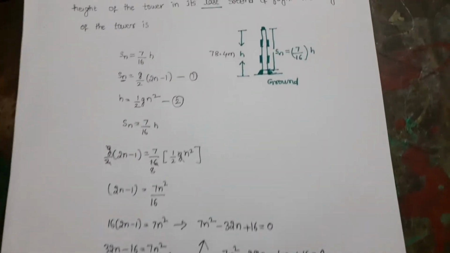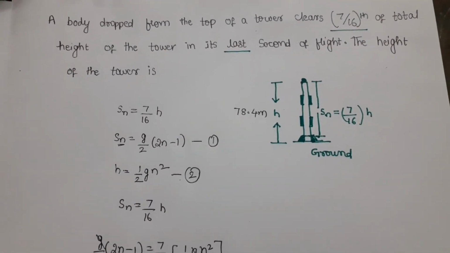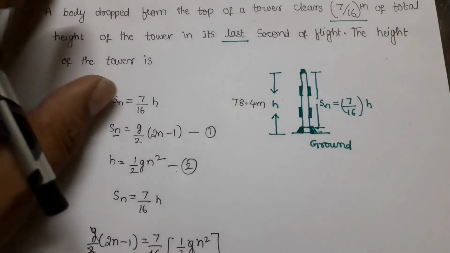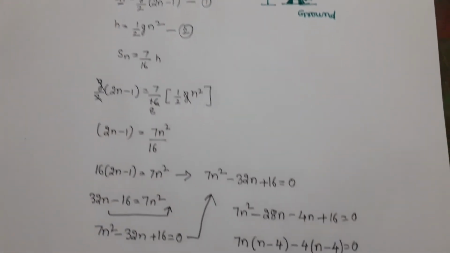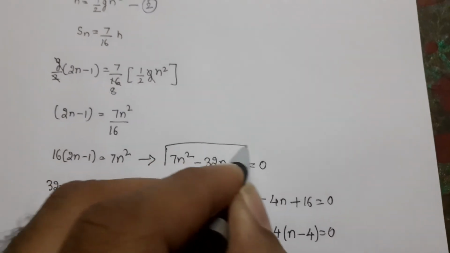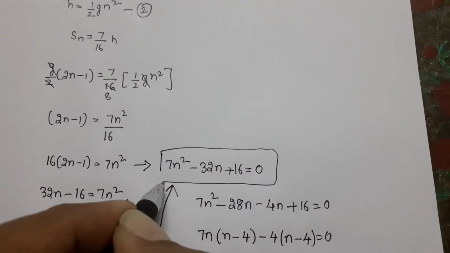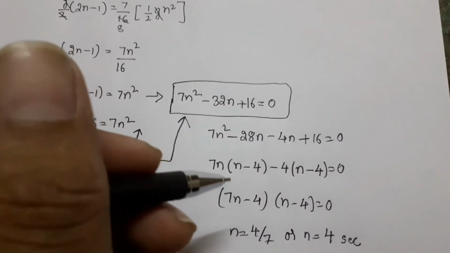So this is how we derived the total value, and I will try to give you a shortcut for this one. The shortcut is nothing but this quadratic equation. If you get this type of quadratic equation, finding these roots is very easy for mathematics students.